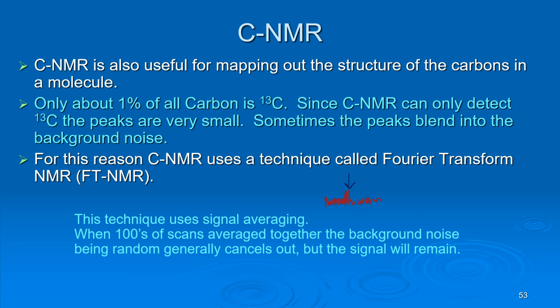So what happens is we use this technique called Fourier transform. There's Fourier transform NMR, and you can also do Fourier transform IR, which is basically what's described down here. The technique uses signal averaging.